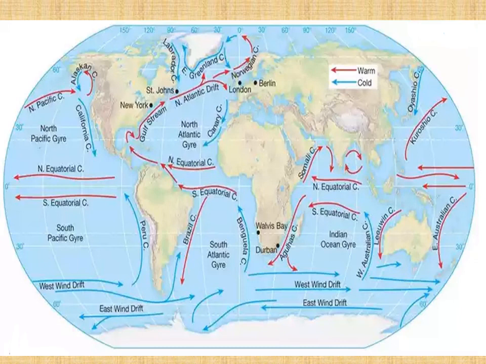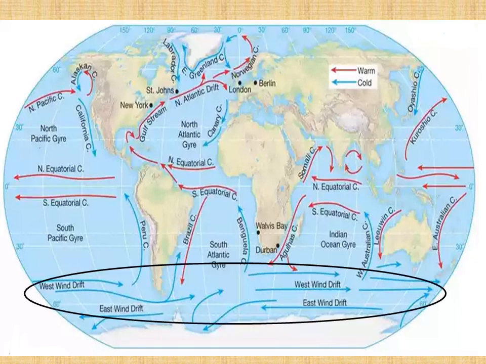Now coming to another important current that is flowing in the southern part of the Earth's surface, and that is nearer to the Antarctic Ocean. This is a cold current because the temperature is very cold over there, and this current is called the west wind drift or the east wind drift.